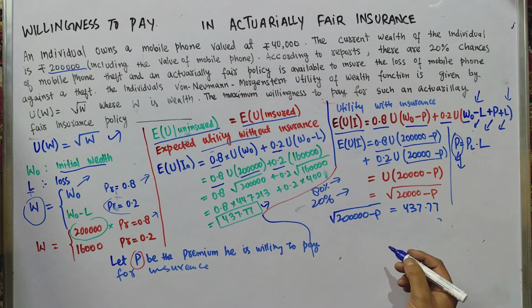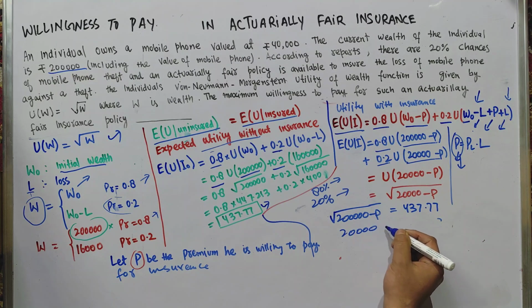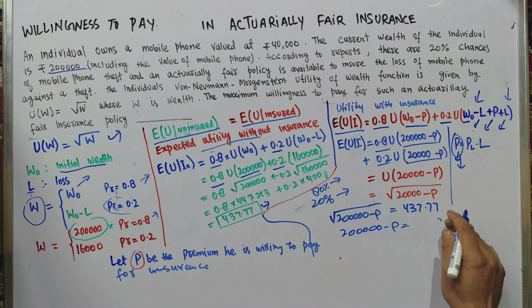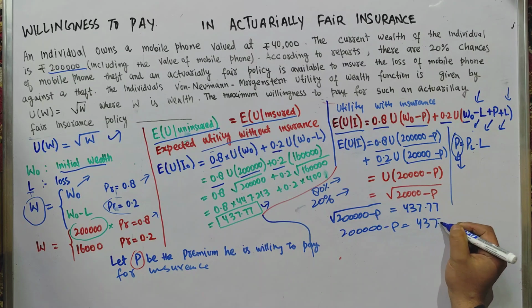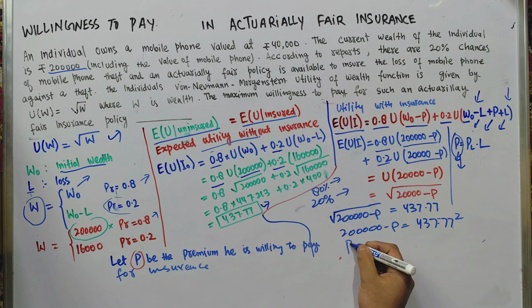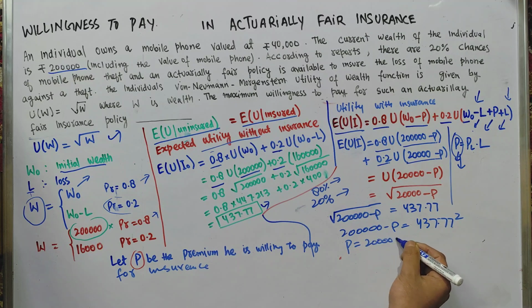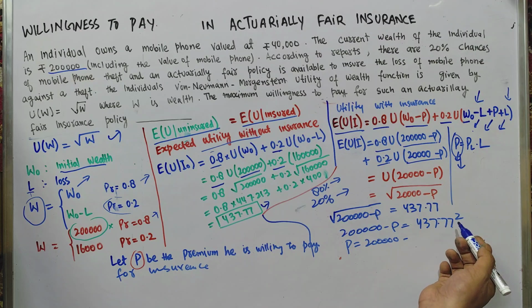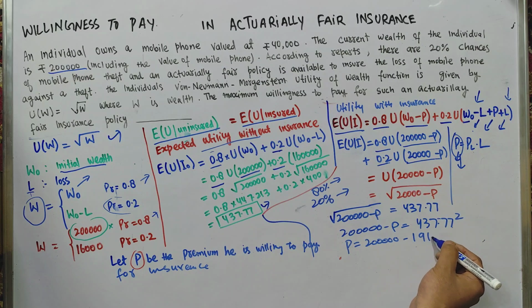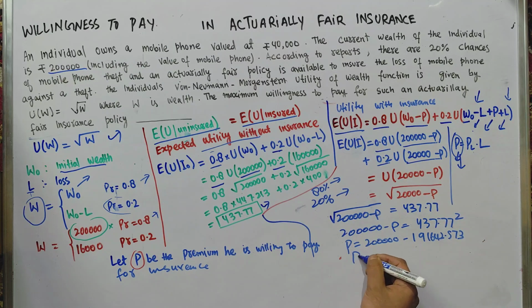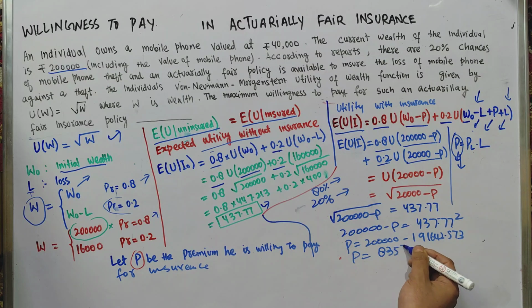Transposing this under root, 2 lakh minus P will be equal to 437.77 squared. So P will be equal to 2 lakh minus the square of this, which comes out to be 191,642.573. So the maximum willingness to pay will be 2 lakh minus this, which comes out to be 8357. That is the maximum amount he is willing to pay for the actuarially fair insurance.